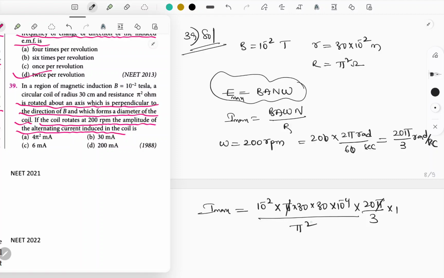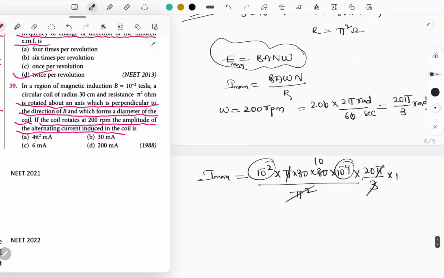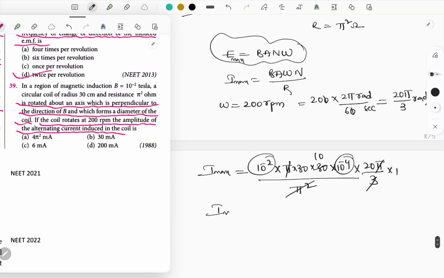Pi square will get cancelled. 10 power minus 2 into 10 power minus 4 is 10 power minus 6. So then I maximum is equal to, here we have 20 into 10, 200. So 10 power minus 2, this will get cancelled.